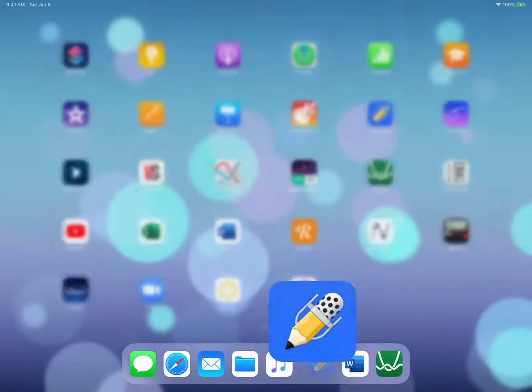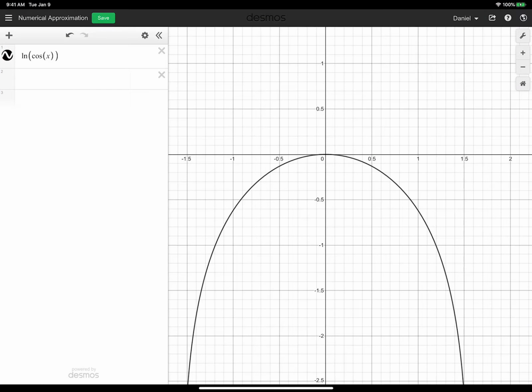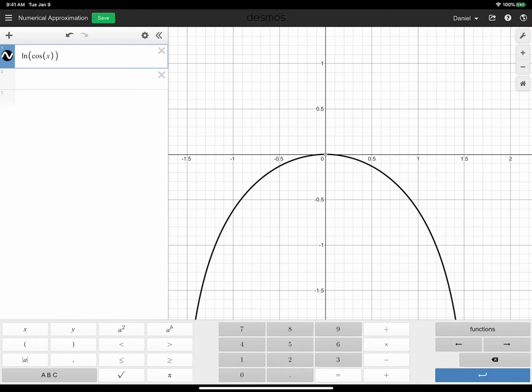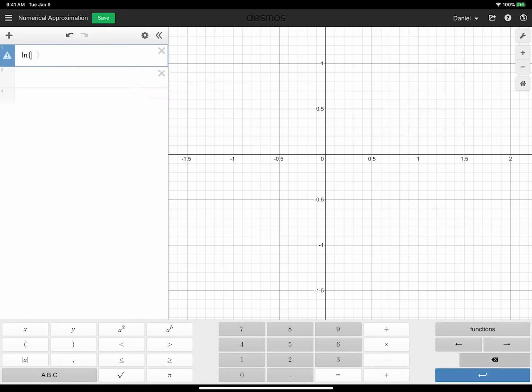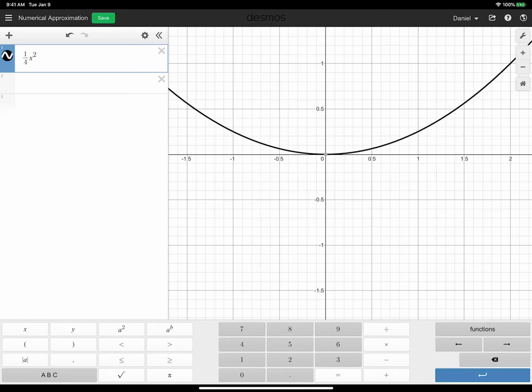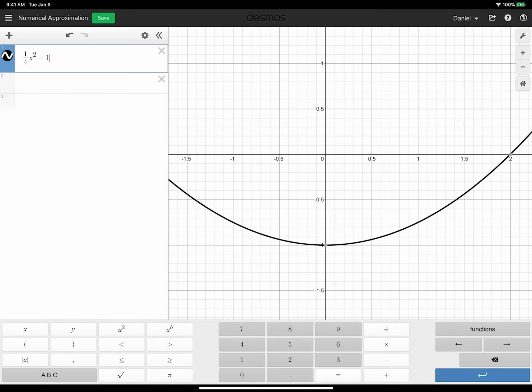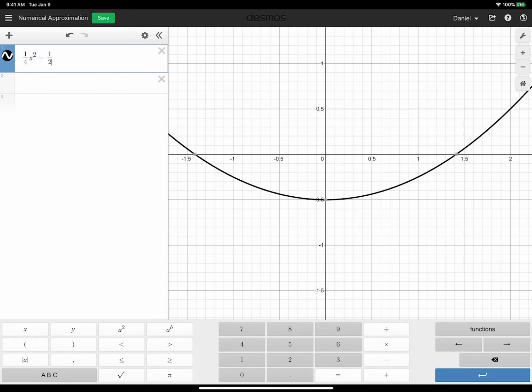And now let's take a look at the graph here. This morning we had a nice graph, but we don't want that one anymore. We want the one we just looked at. So it's 1/4 x squared, divided by 2, and we have the natural log.